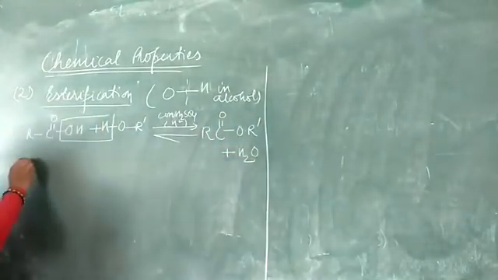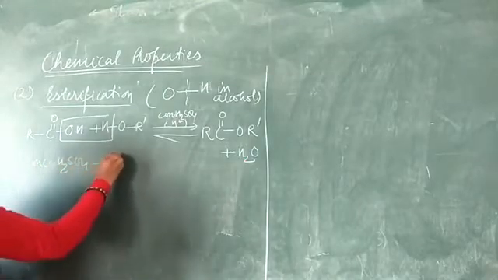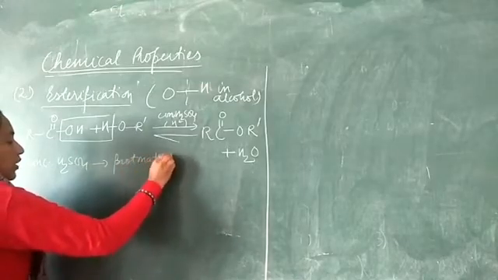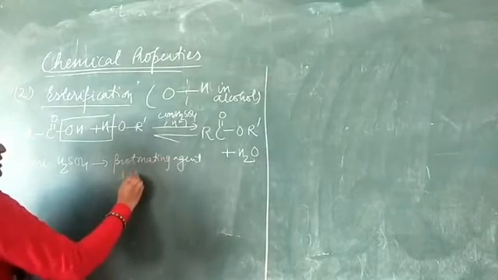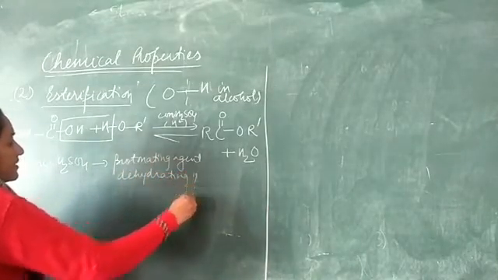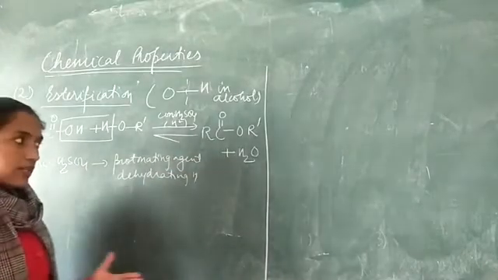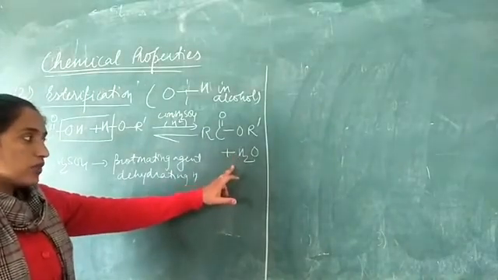Right, now what is the role of the concentrated sulfuric acid here? It is acting as a protonating agent which provides a proton for the reaction, and also as a dehydrating agent. That means to speed up the reaction in the product formation direction, the water which is present here has to be removed quickly, right?